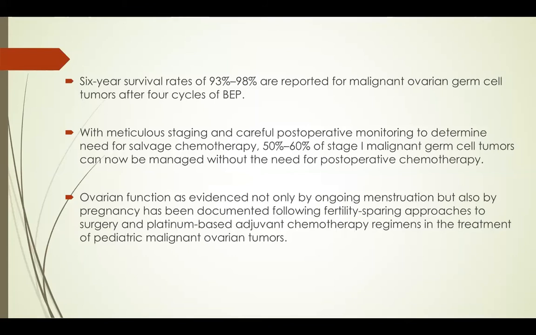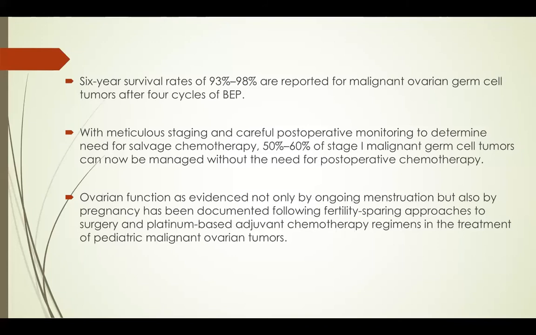Ovarian function is evidenced not only by ongoing menstruation, but also by pregnancy. So we cannot say that if the patient gets her period 2 to 3 years after the surgery, the ovarian function is preserved, until she gets pregnant, or sometimes you can measure the ovarian reserve.